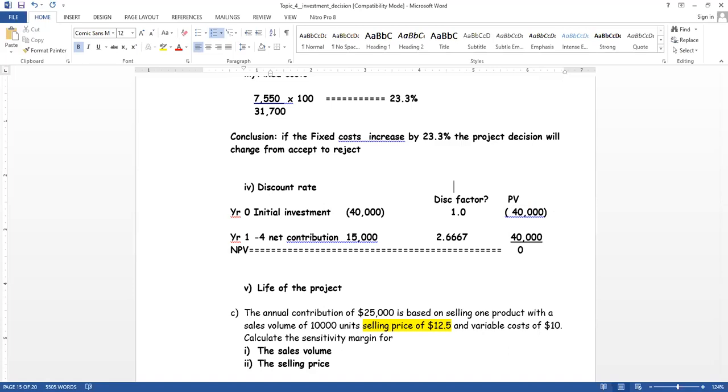Nobody has identified it? I'm seeing 2.6730 under 6% in 3 years. No, you look for 4 because the period is 4. Look for 2.667 in period 4.